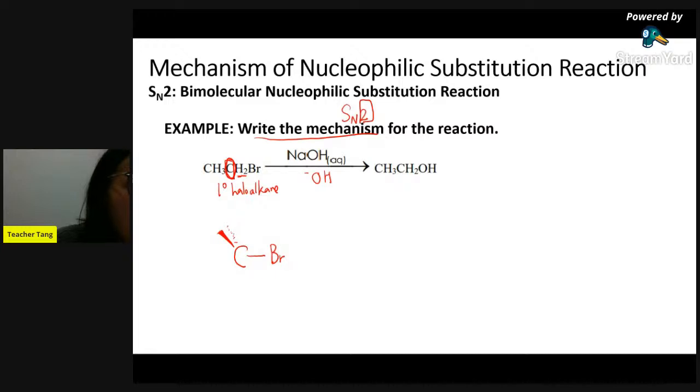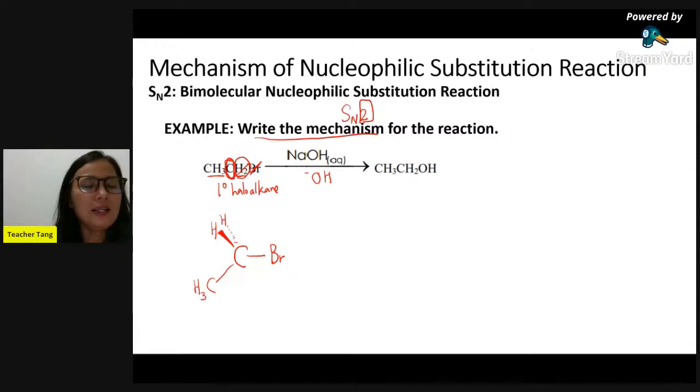Remember, the dash and the solid wedge must be on the same side. The other side is this. So this carbon is bonded to Br. So I have already drawn the Br. And then it is bonded to 2 hydrogens. So hydrogen. And bonded to CH3. So CH3 like this. So we are done drawing the haloalkane.